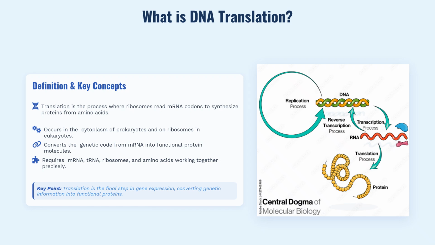Translation involves reading the sequence of codons in mRNA and assembling the corresponding amino acids into a polypeptide chain. The process requires three main components: messenger RNA as the template, transfer RNA molecules that carry amino acids, and ribosomes that facilitate the assembly process.